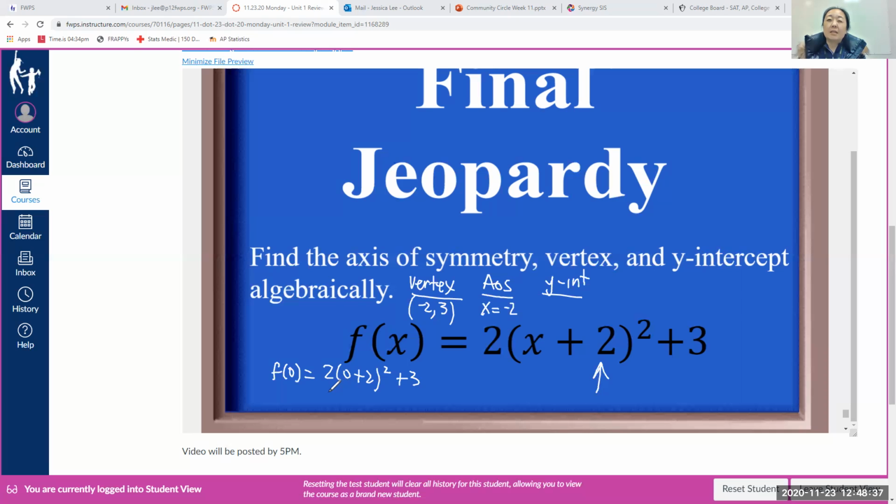So you're going to get 2 times (0 plus 2), which is 2, squared plus 3. And this is going to be 4. So 2 times 4 plus 3. So that's going to be 8 plus 3. What is 8 plus 3? That's 11. So my y-intercept is going to be (0, 11). Just like that, all found out algebraically.